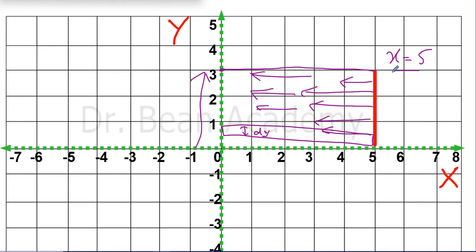The function I have is on the x-axis, x equals 5, and now the differential width of the rectangle is on the dy axis, and the limits of integration are always along the width of the rectangle.